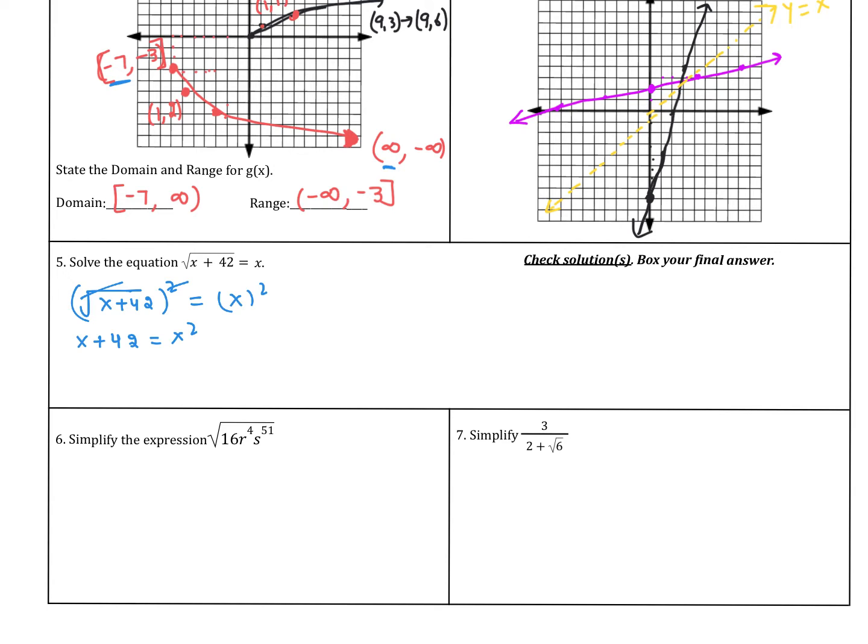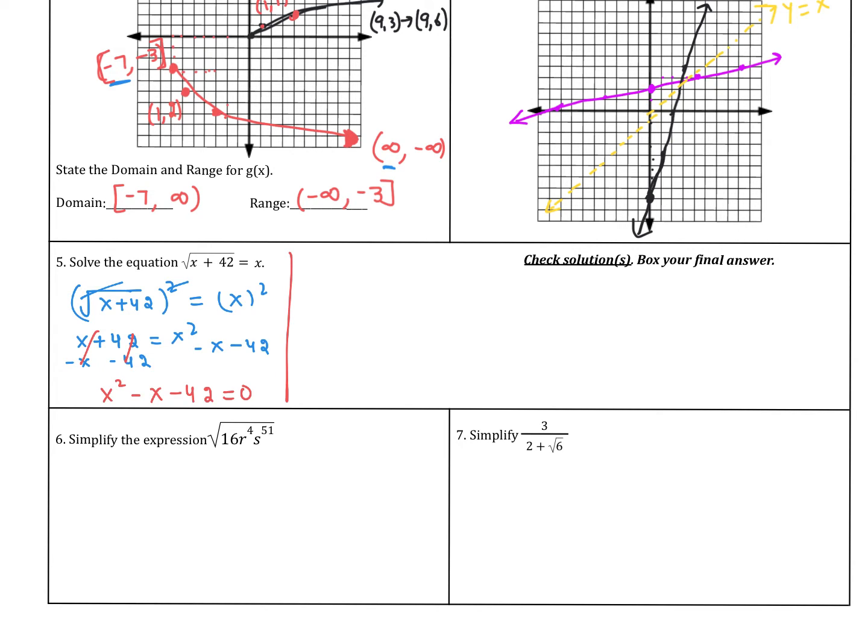You make them into one equation, so you subtract the 42 and x on both sides. After subtracting, this is cancelled, this is cancelled, and you have the equation on one side: x squared minus x minus 42.